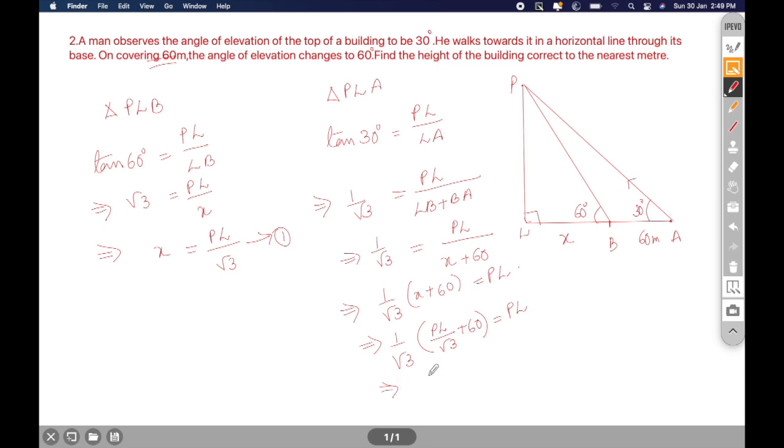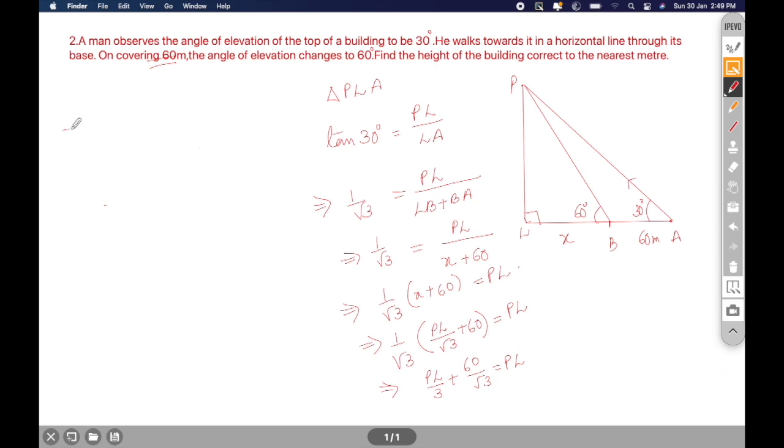Now simplification gives PL by 3 plus 60 by root over of 3 equals to PL. This gives 60 by root over of 3 equals to PL minus 1 by 3 PL. On taking PL as the common factor out, we have 1 minus 1 by 3. That gives 2 by 3 into PL.